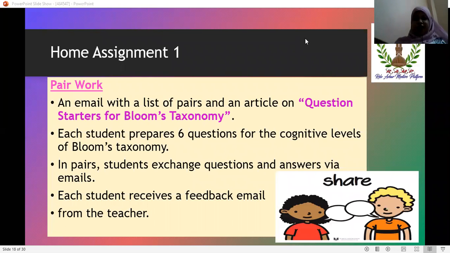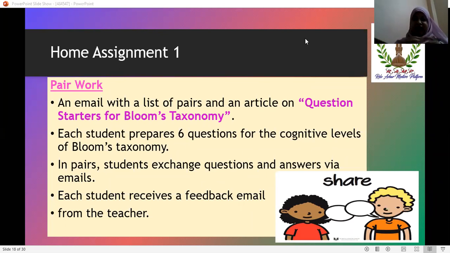So for this task, you have a list of pairs. For example, Sarah and Mona work together. Sarah prepares a list of questions, 6 questions at different levels of Bloom. Mona prepares another list of 6 questions for Bloom, like what we have done.